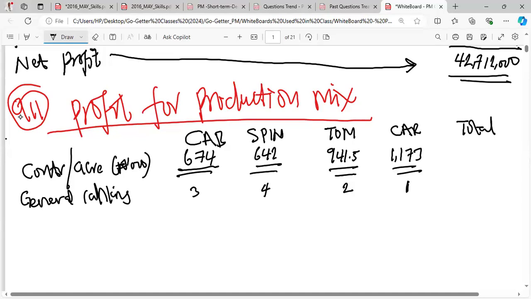Then ranking based on restrictions. So we said before that cabbage and spinach, you can plant either of them. So between cabbage and spinach, which one will you rather rank as number one? Cabbage is having more contribution per yield or per acre than spinach. So this is the first that you are going to do.